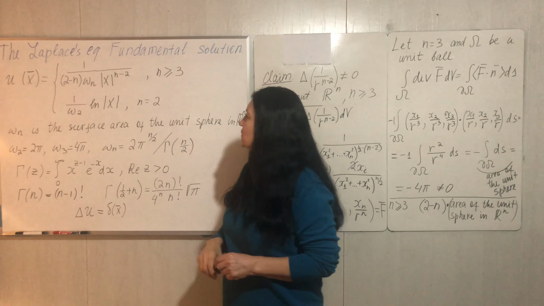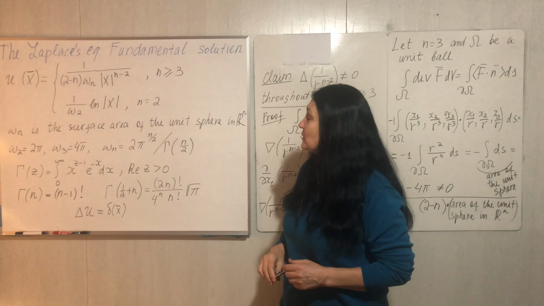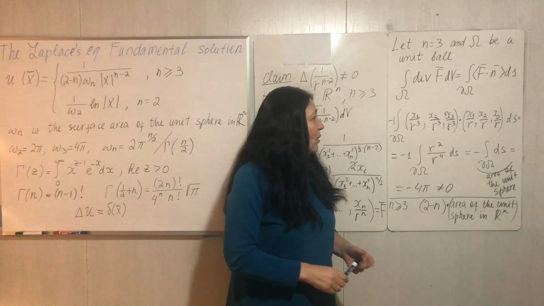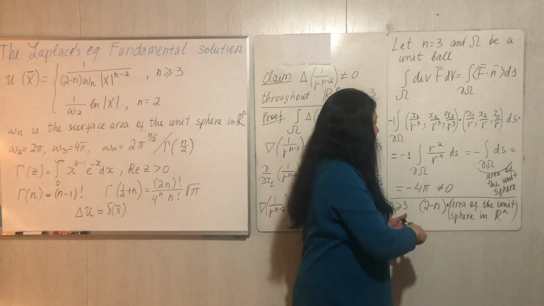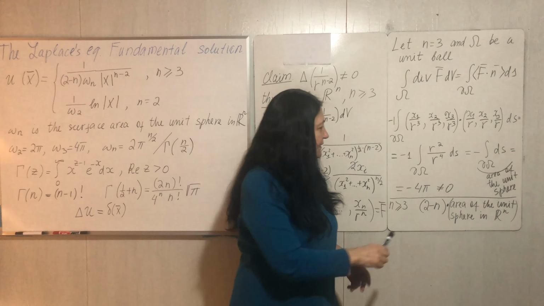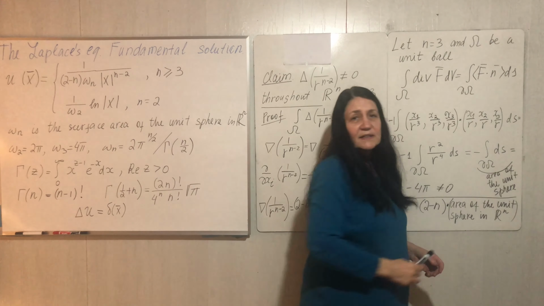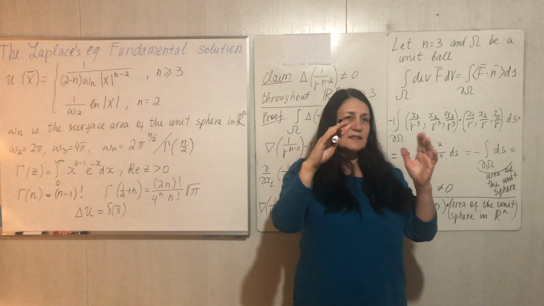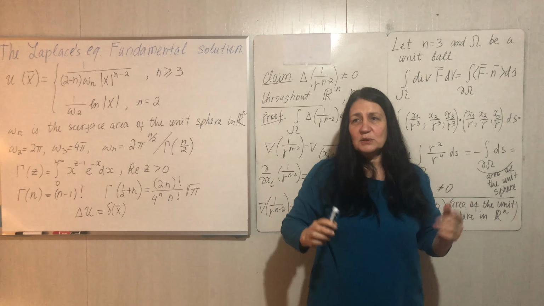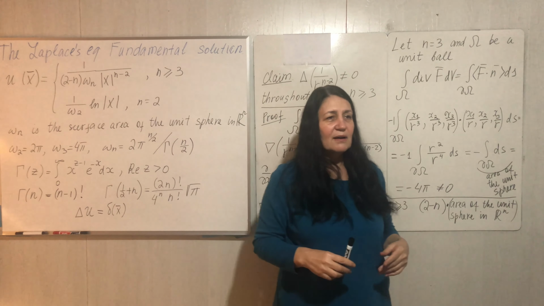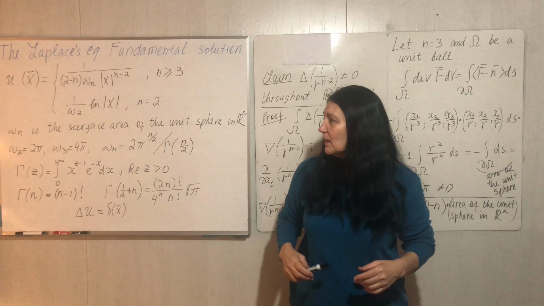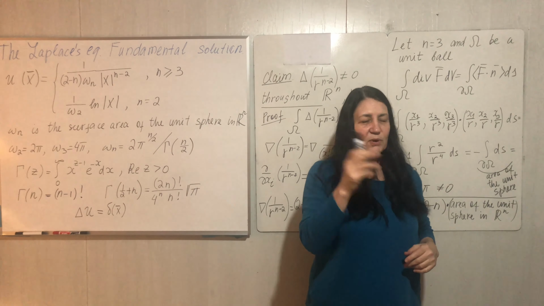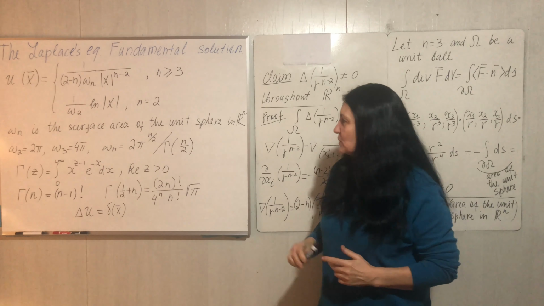This is the solution we were talking about, and in the two-dimensional case all of the computations are pretty similar, and here the omega in this case would be just a circle, so we will have just the circumference, which is 2 pi r, and since we mentioned that r is not important, it will be cancelled anyway, so it's 2 pi.